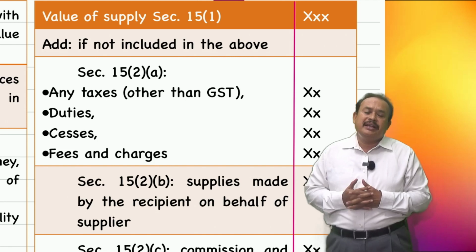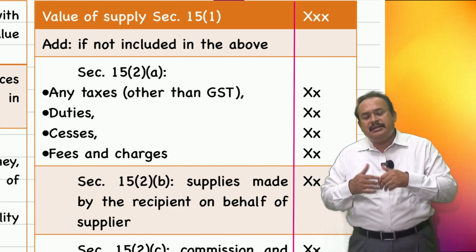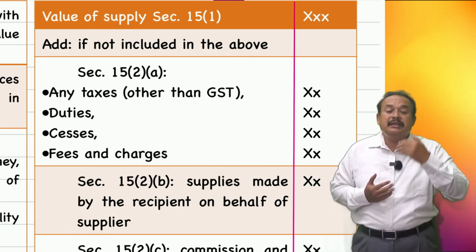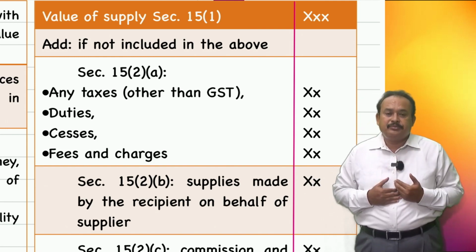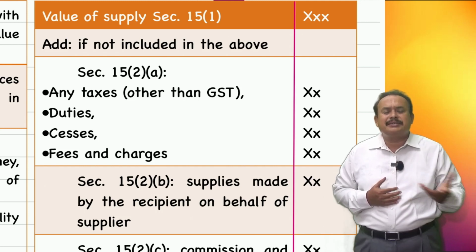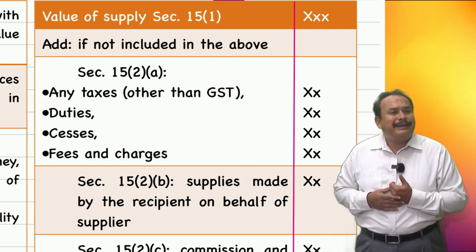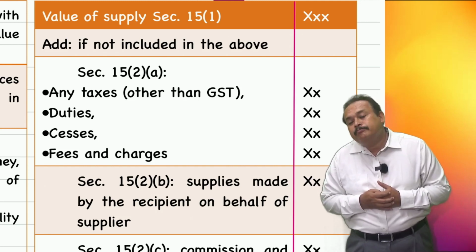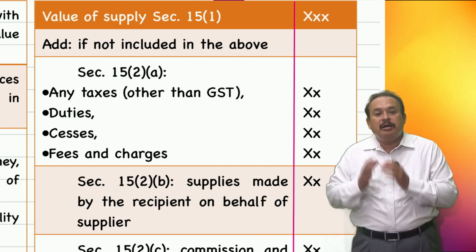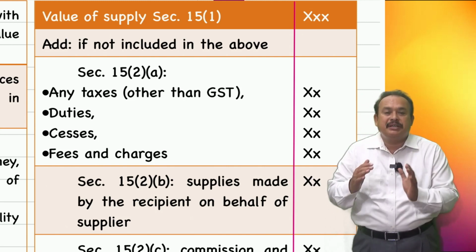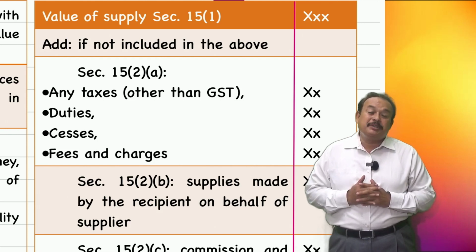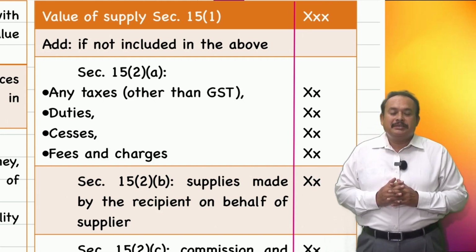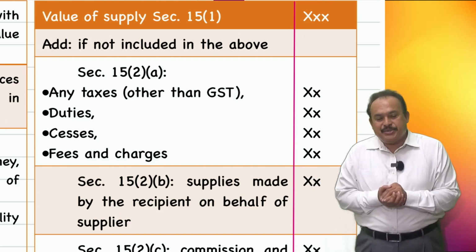On 10 lakhs sale value, 1% TCS comes to 10,000 rupees. On 10 lakhs, 1%, how much comes? So 10,000 TCS.